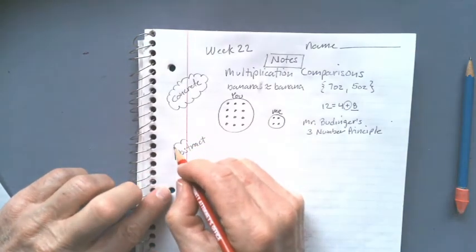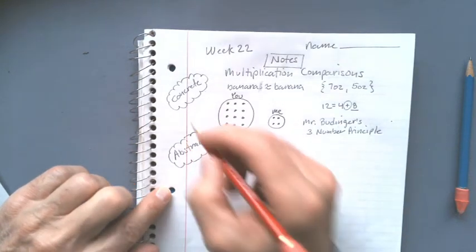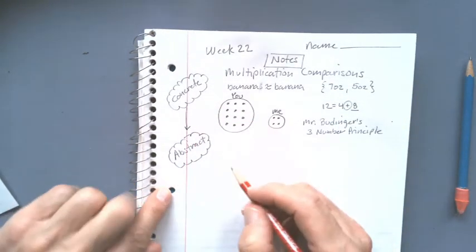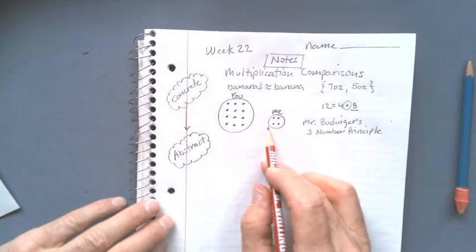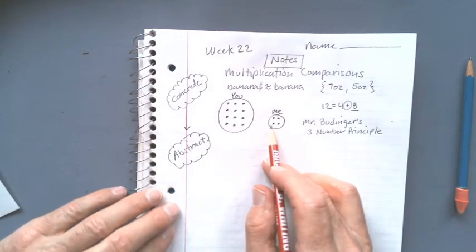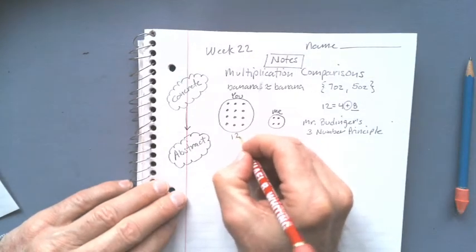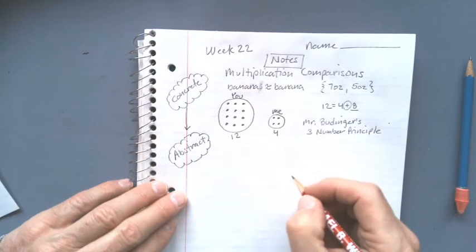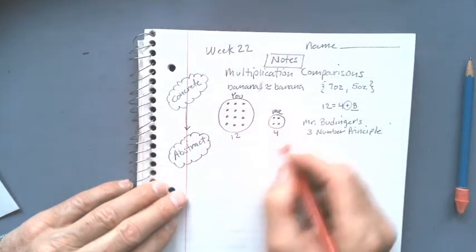So our cloud has gone from concrete to abstract. And how would we write this out as an equation? Think of our short math statements and our equations in general. This one has the number 12, and this one has the number 4. We could use an equation for this.